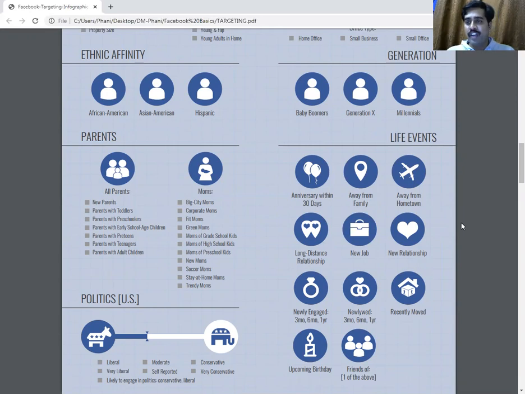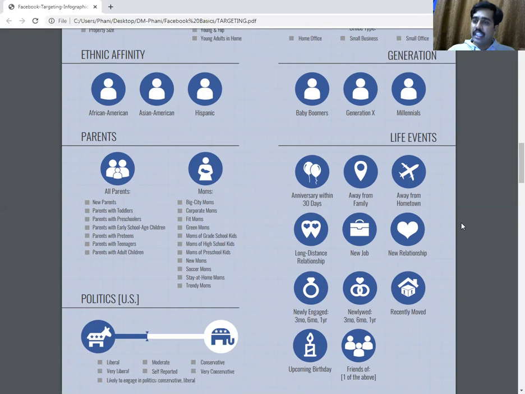Facebook will track that this person is staying away from hometown, away from family, in a long distance relationship. They will also track their anniversary dates and birth dates, and give it to the marketers. Marketers will track it and try to sell their products. And depending on the kind of product you want to sell, the product persona has to match the audience persona.